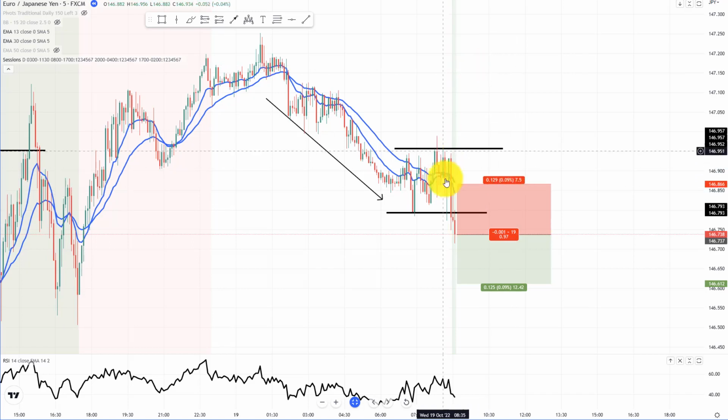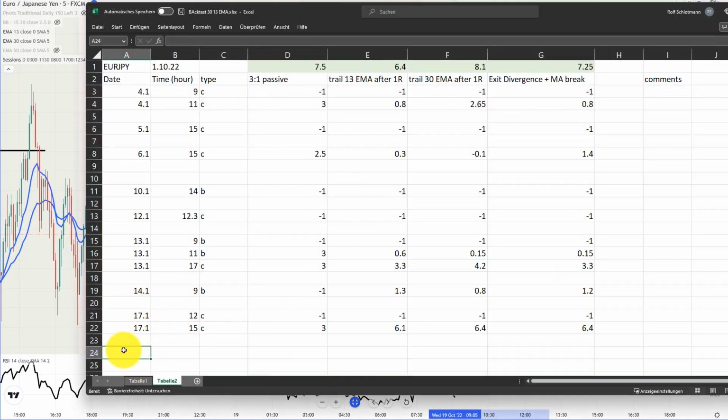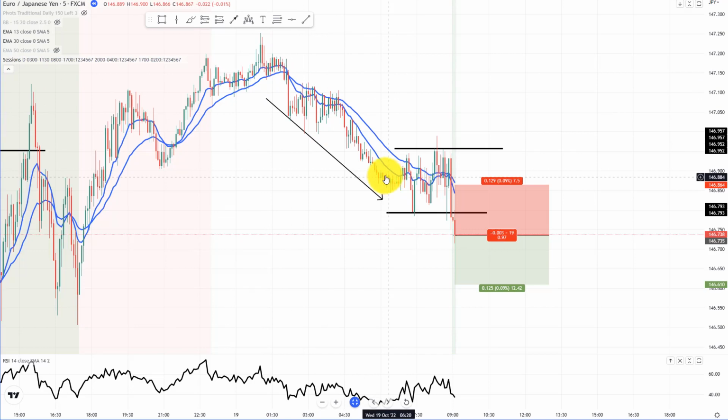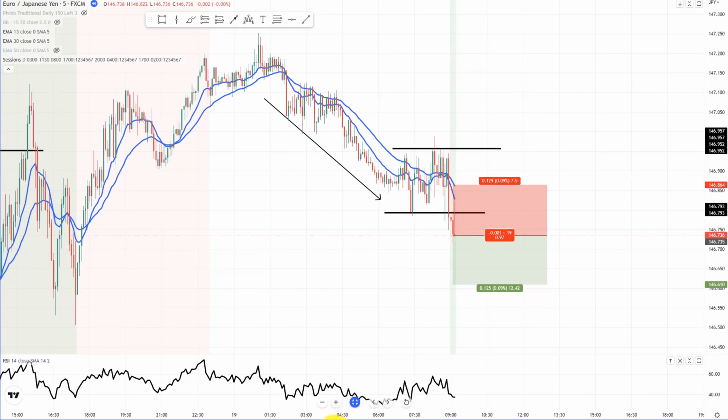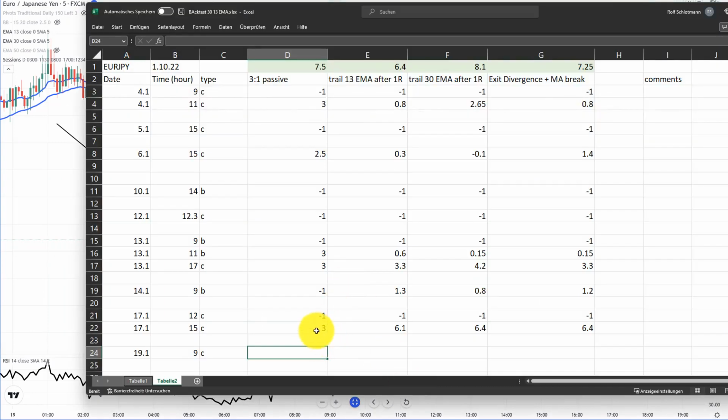I think that's decent. This is the 19th at 9 a.m. Continuation, because we are trading the continuation after the Asian downtrend. And stop has been hit very, very quickly.